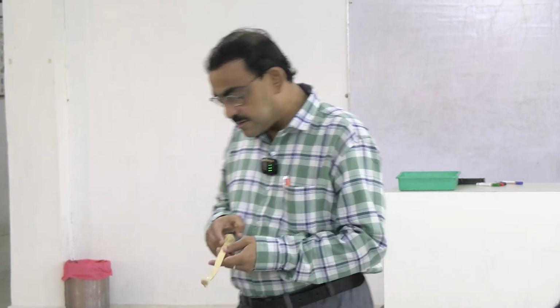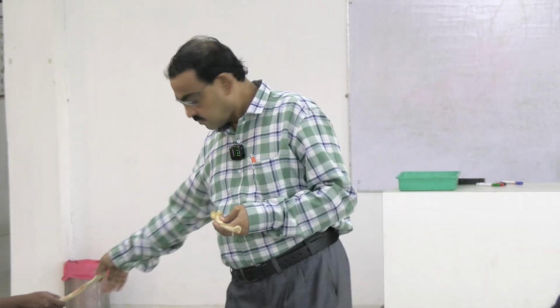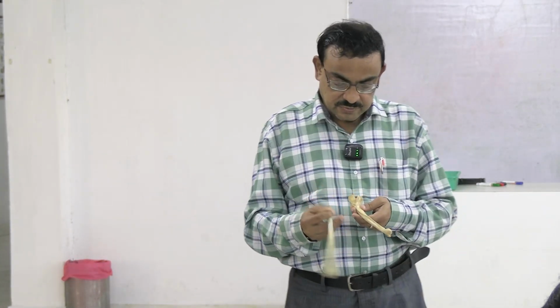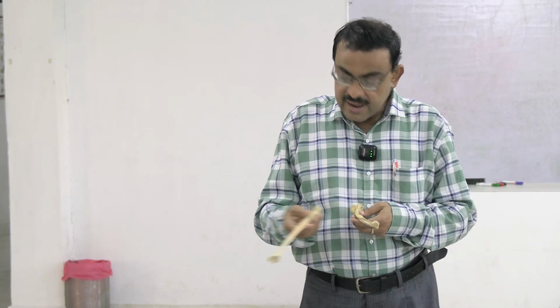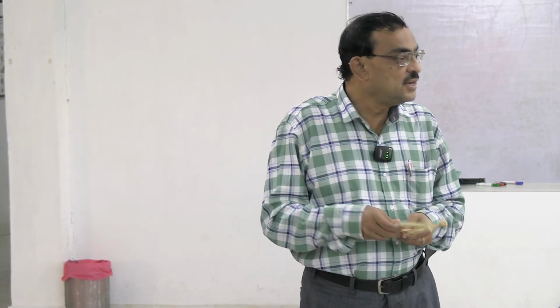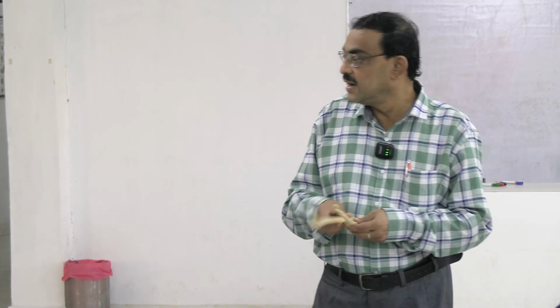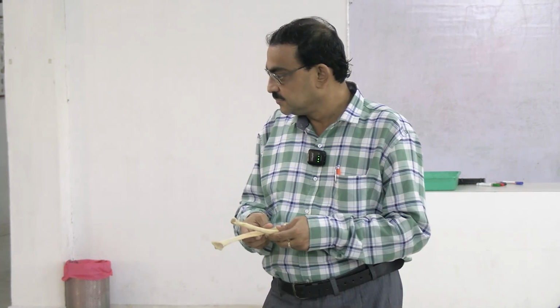In the lateral surface, there is a notch with which the head of the radius articulates, and it forms a joint which is called superior radioulnar joint or proximal radioulnar joint.